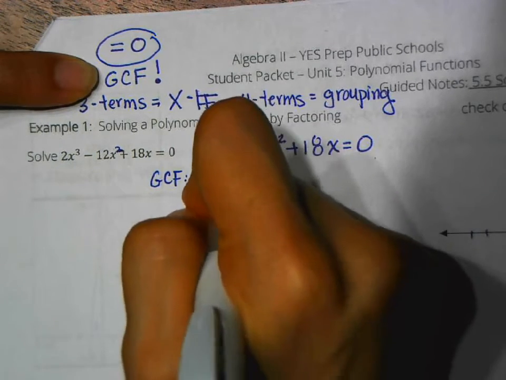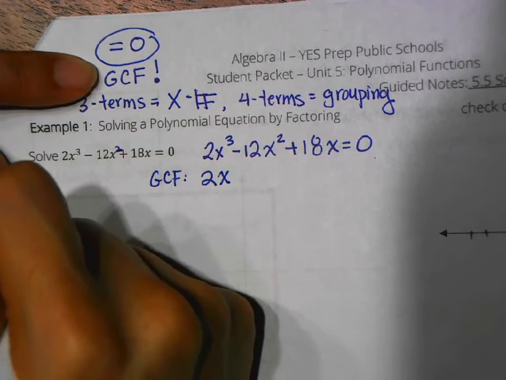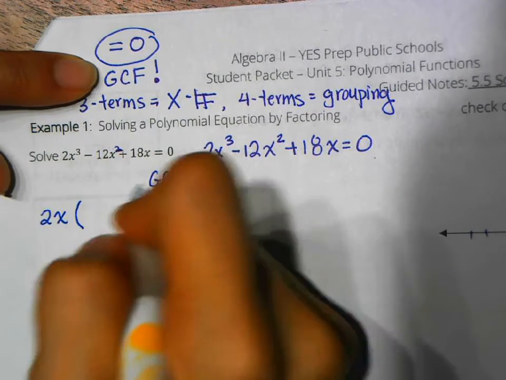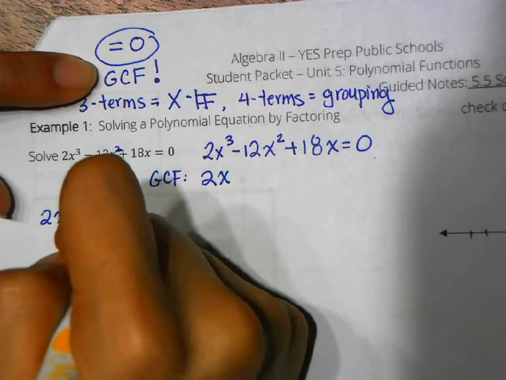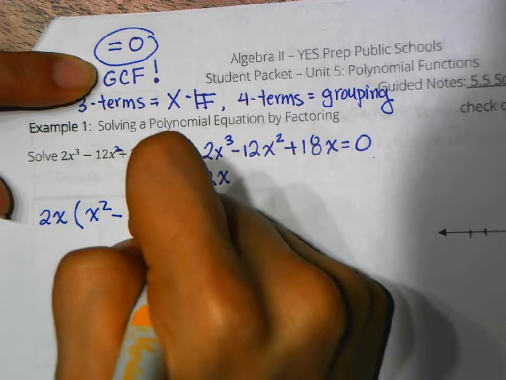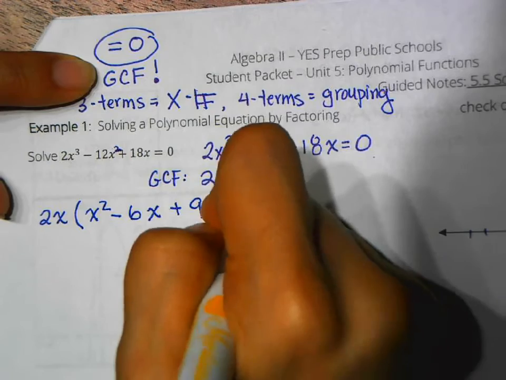So your greatest common factor is actually 2x. Well, let's divide it out. You're going to get 2x, and that's going to leave you with x squared minus 6x plus 9. Still equals 0.